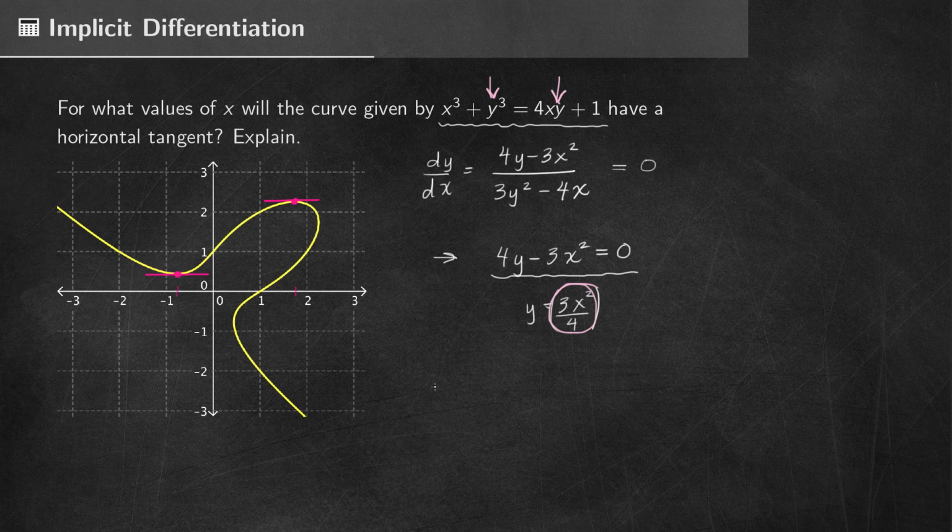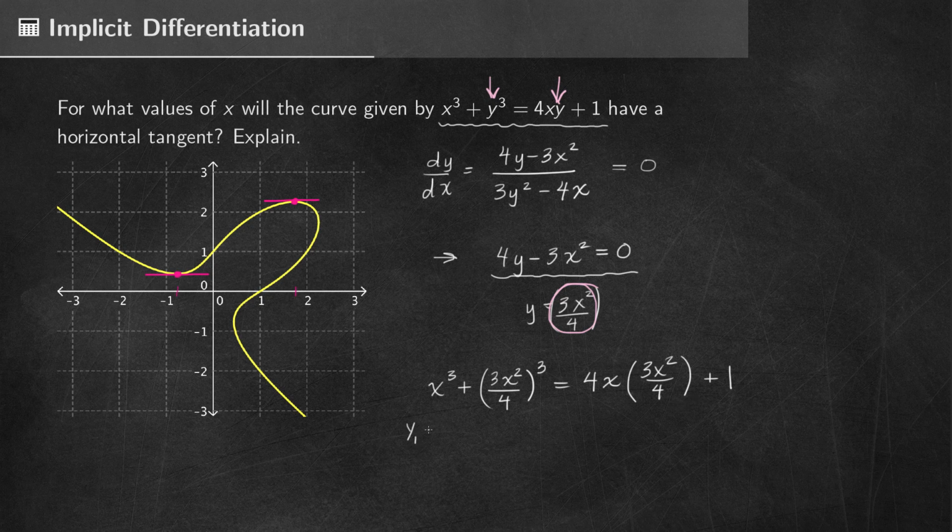My equation is x cubed plus y cubed, but I'm going to substitute 3x squared over 4 in for y, so 3x squared over 4 cubed, equals 4 times x times y, but I'm going to substitute 3x squared over 4 in for y, and then plus 1. So that's my new equation, and this new equation only has one variable in it, so we can solve it.